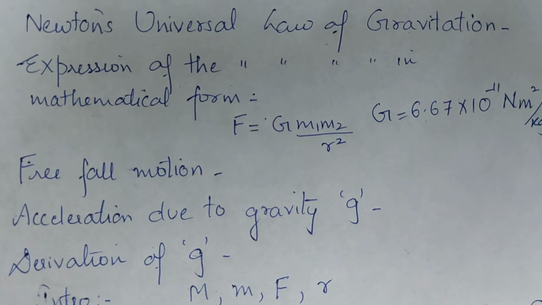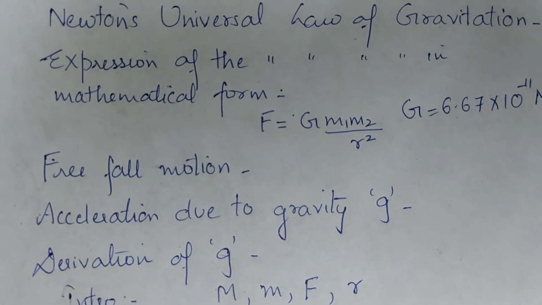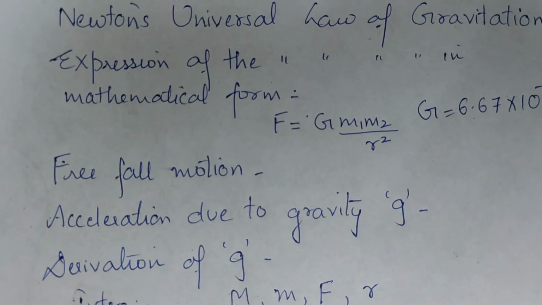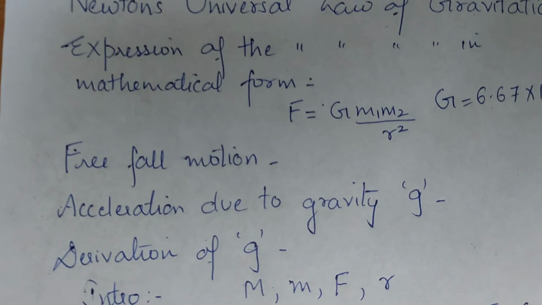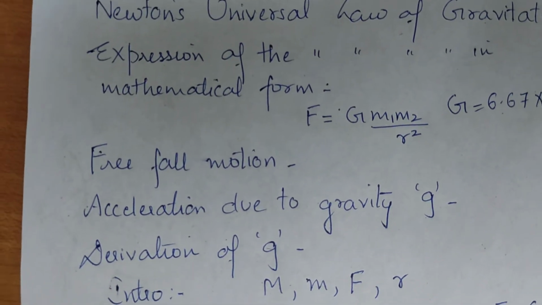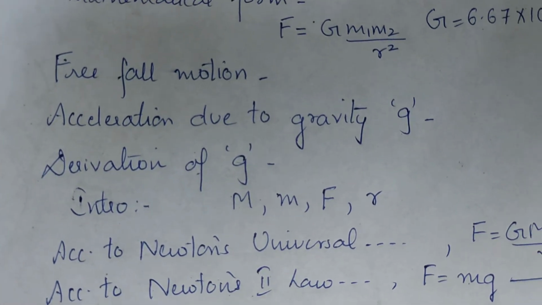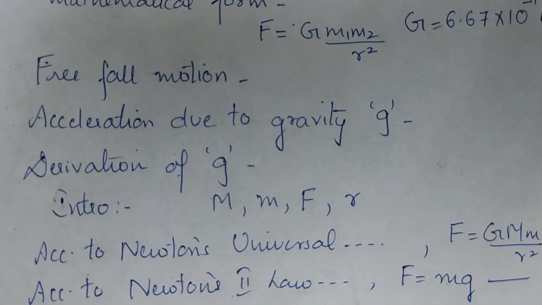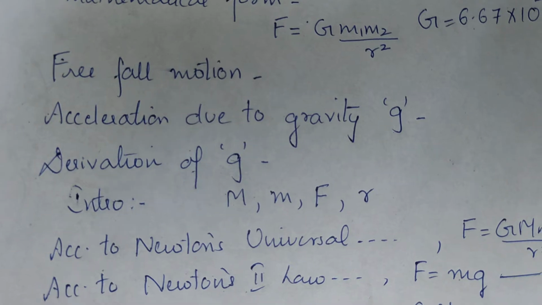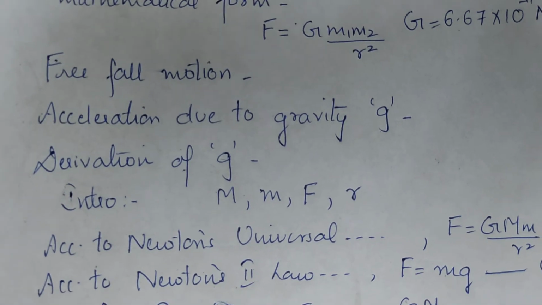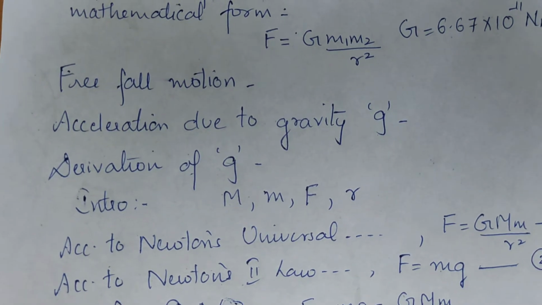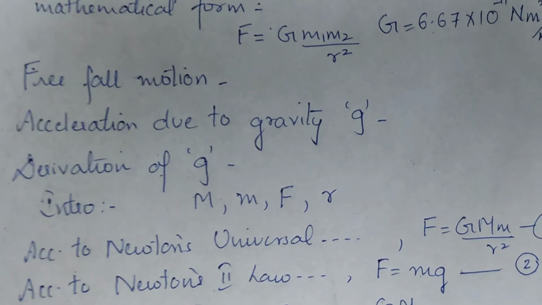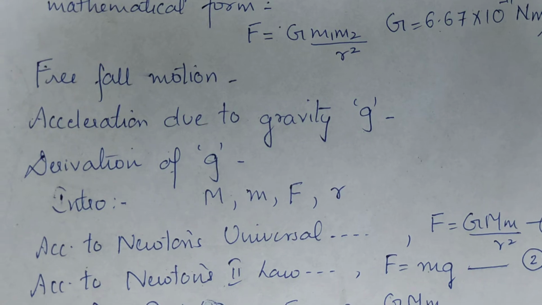Next, you should know how to derive an expression for acceleration due to gravity. So derivation of small g. Small g here represents acceleration due to gravity. Now for any derivation, you should first give the introduction. Here I have not written it as we are doing quick revision, but you must have watched the playlist as it has already been discussed before. So I have written it in short.